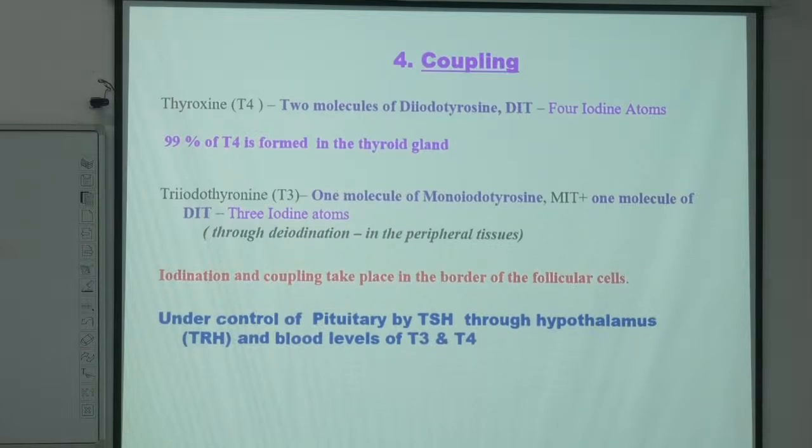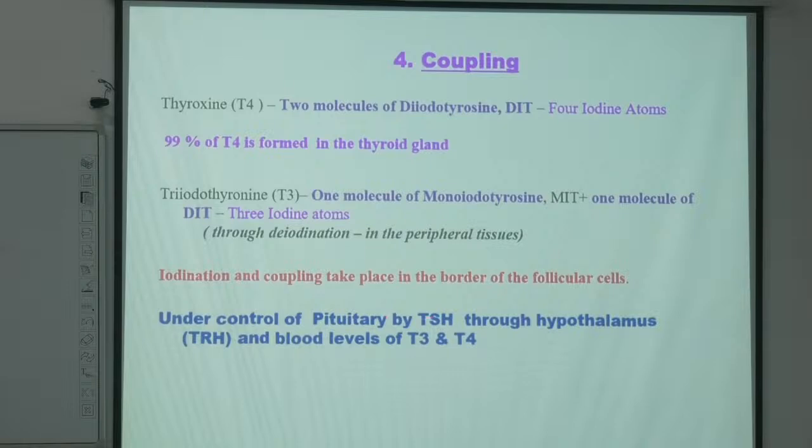The rest 80% is from peripheral conversion from T4 to T3. So I repeat, try to remember: 100% of thyroxine is produced by the thyroid gland. In contrast, 80% of the triiodothyronine is produced by the peripheral tissue through deiodination reactions from T4, and 20% of triiodothyronine is formed from the thyroid gland. So basically T4 is a pro-hormone from which another hormone, triiodothyronine, is produced.